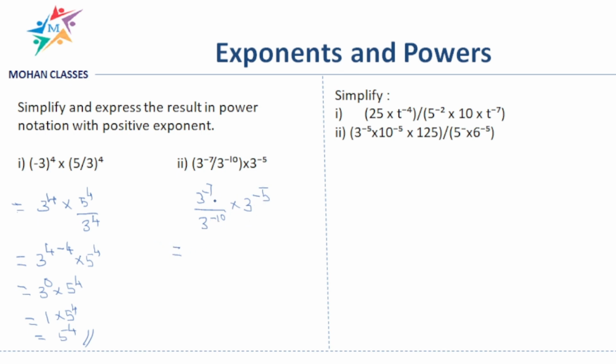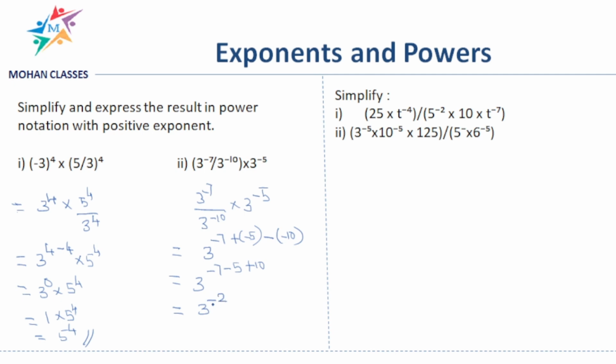Here all the bases are the same, so we have to add the powers. First minus 7 plus minus 5, and the minus 10 will come as plus 10. So 3 to the power of minus 7 minus 5, minus 12, plus 10, minus 2.